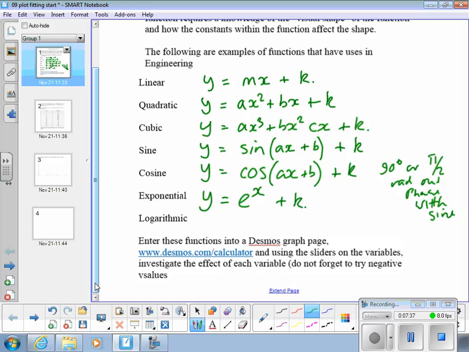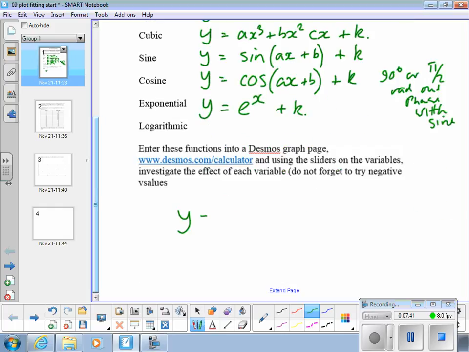Not got room for that one on the board, but I'll put that one down at the bottom. y is equal to I(1 minus e to the power of kt), something like that. So you could have that kind of shape that we got when we were charging our capacitors in first year science. It looks like that, an exponential rise to a limit. You might want to try to fit to that.